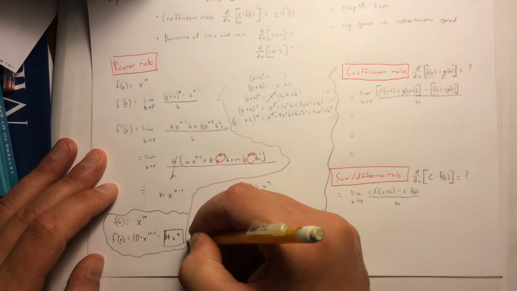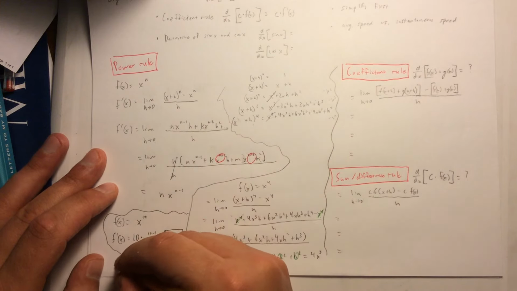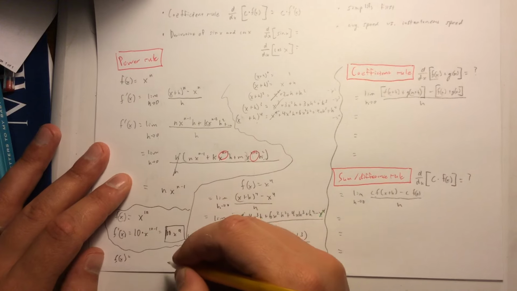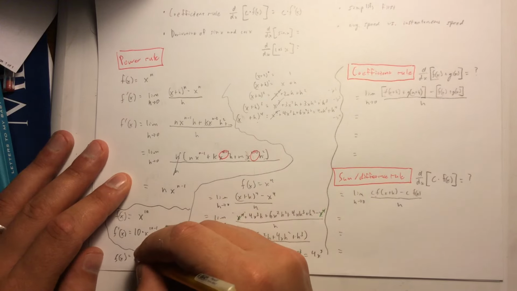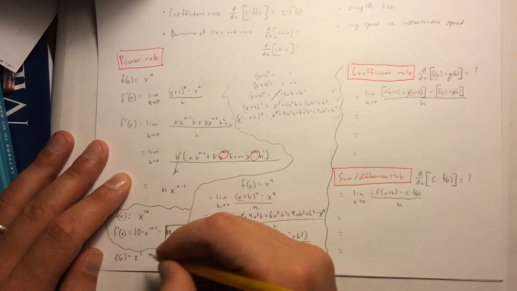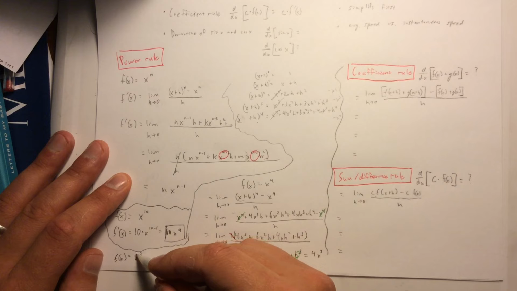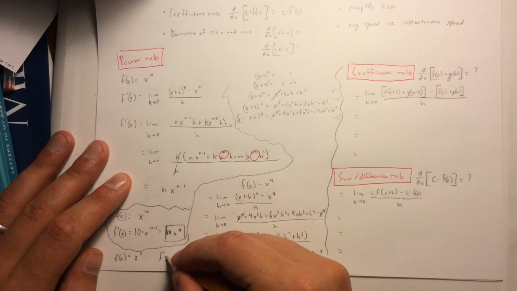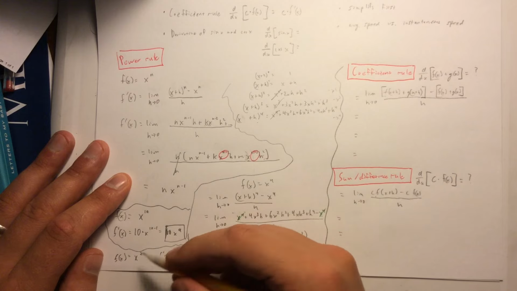Completely different problem here. f of x is... let's do an easy one. x to the second. Well, I'm going to bring that down in front. So that's going to be 2x. 2 minus 1 is 1.